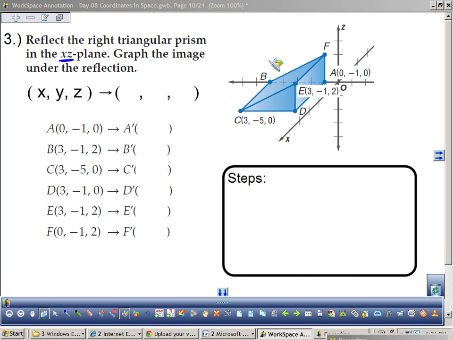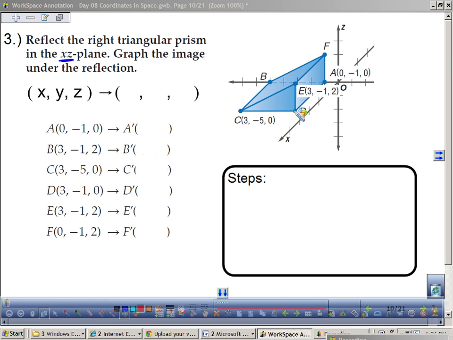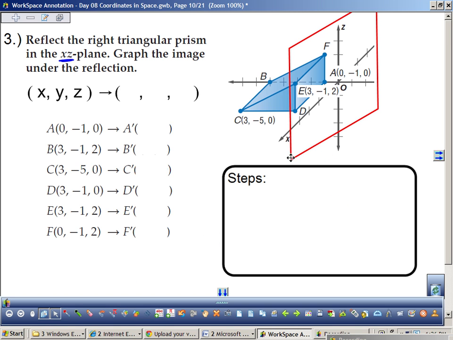Let's do this. So if this is the X axis and this is the Z axis, can you see that I have a plane right, let's see here. There? Kinda? Sorta? Is that better?